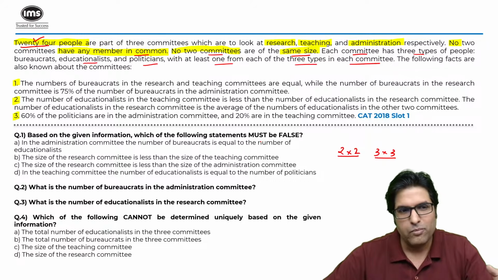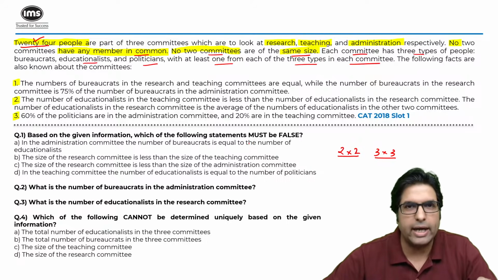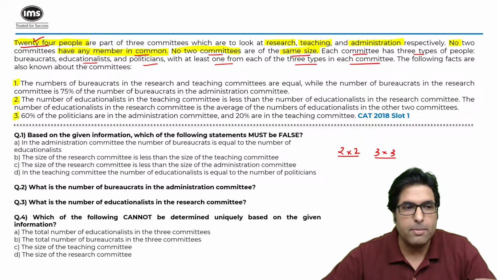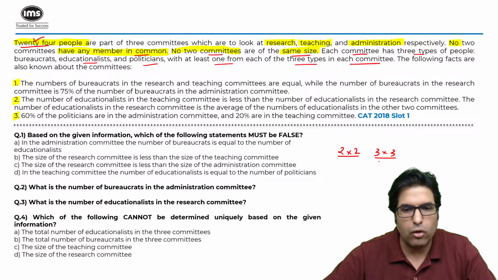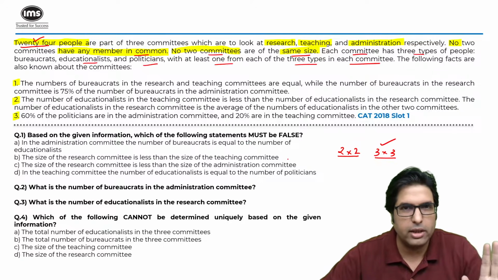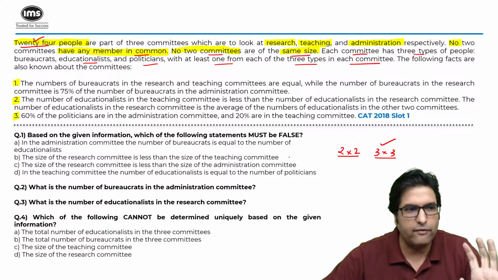And for me, this is how you learn and build your skills when you're approaching the DILR section for CAT. You learn from clues, you create certain structures and understand based on the clues what kind of grid you would want. So we have now identified that the grid would be 3 rows and 3 columns where we'll fit in numbers.